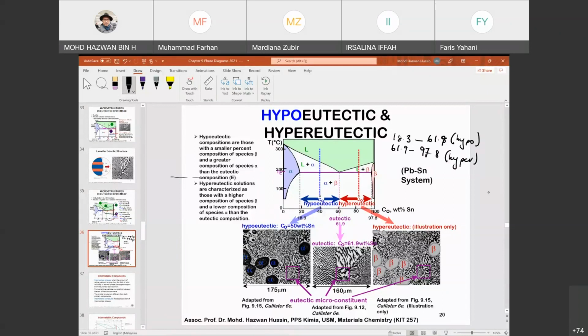So what does it mean by hypo and hyper? The easiest way to explain: hypoeutectic means you have more alpha, less beta.